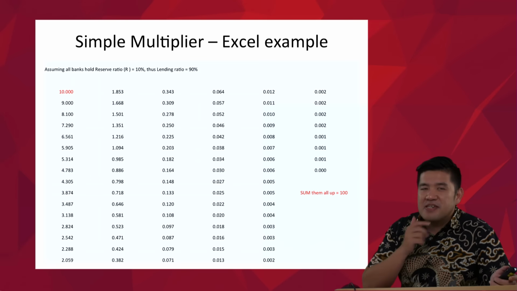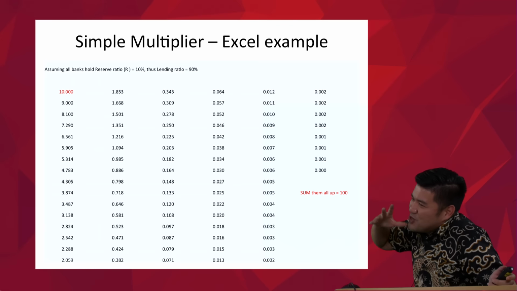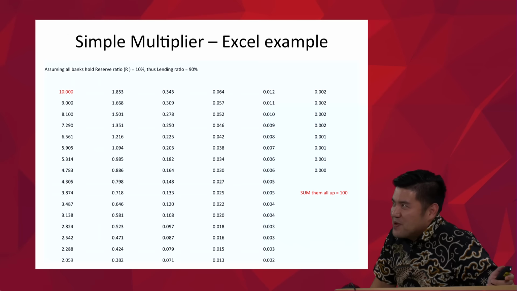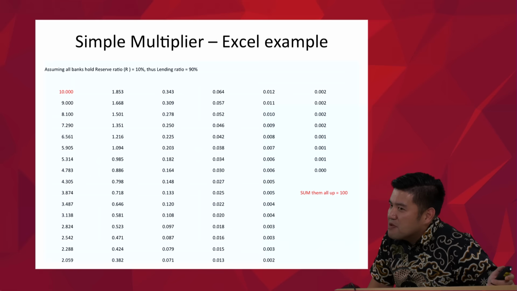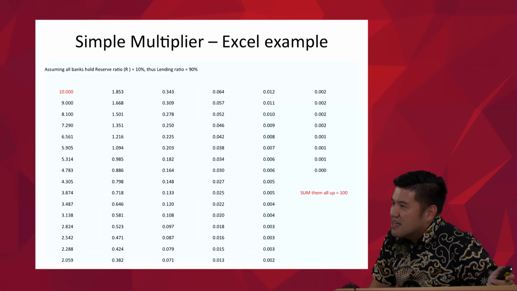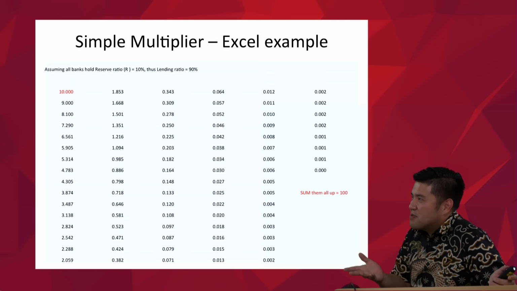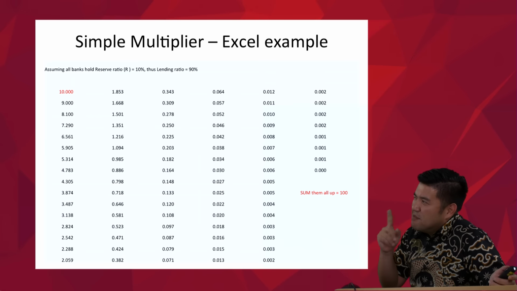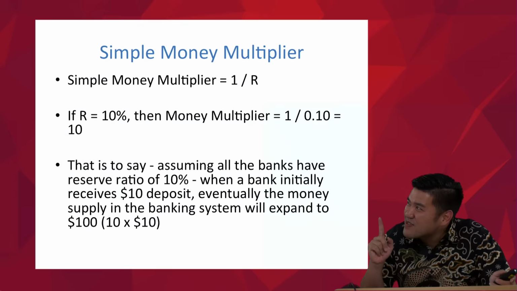Okay, let me ask you this question, guys. Just say the reserve ratio goes up to 20%. Do you think the money multiplier effect is going to be stronger or weaker? If the reserve ratio goes up to 20%, the money multiplier effect will be weaker, right?